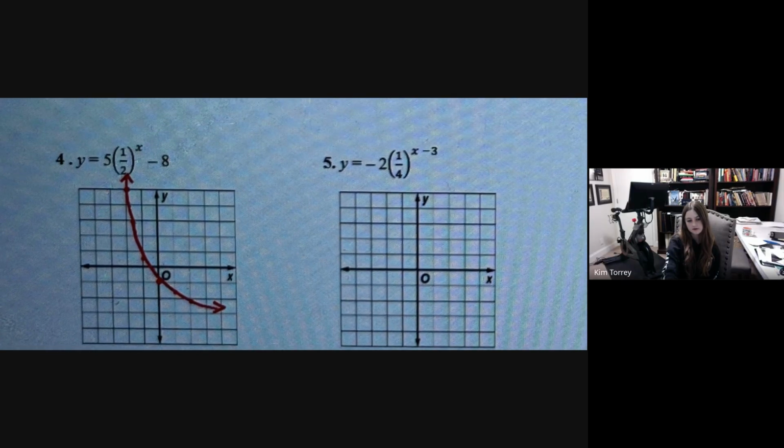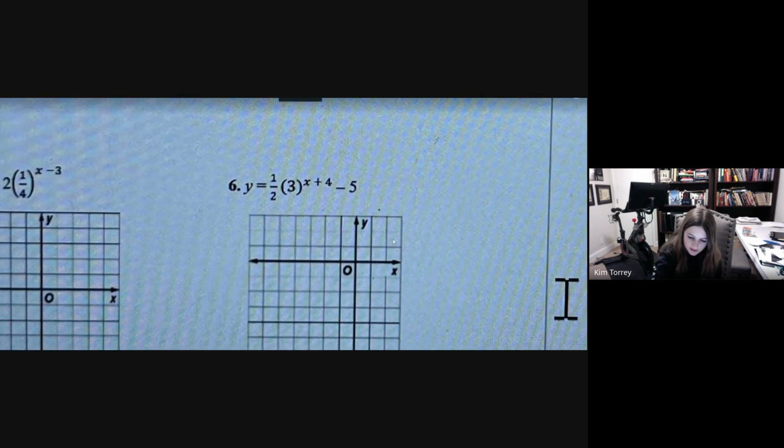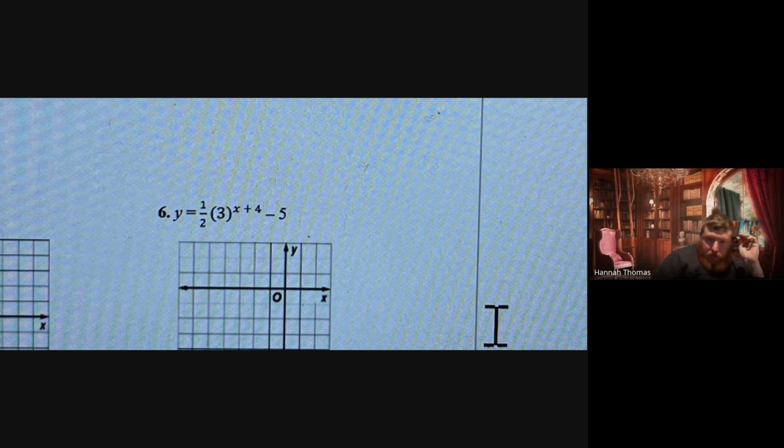Okay. So like for number 6, since it looks a bit harder, you would just do... Well, because if x equals 0, you're going to end up with 3 raised to 4. 1/2 times that. 3 raised to 4 is 81, and half of that is 40.5.